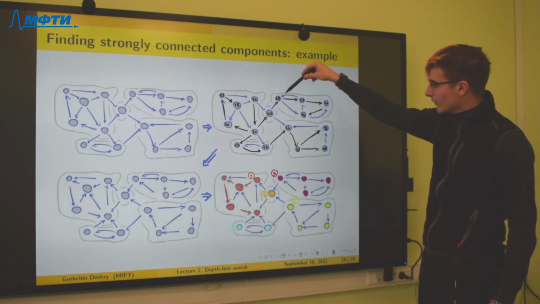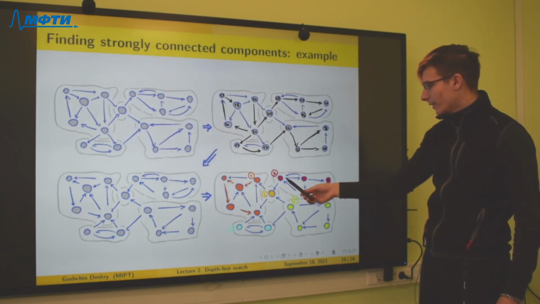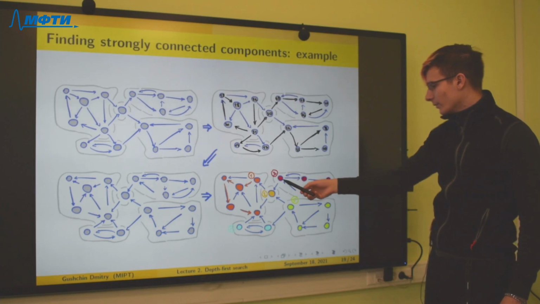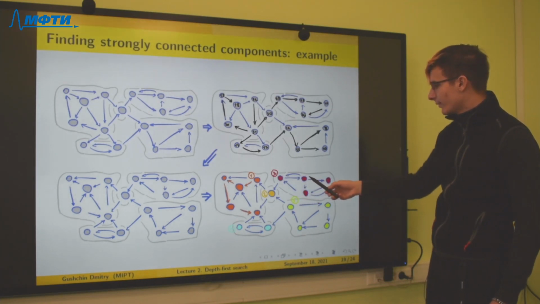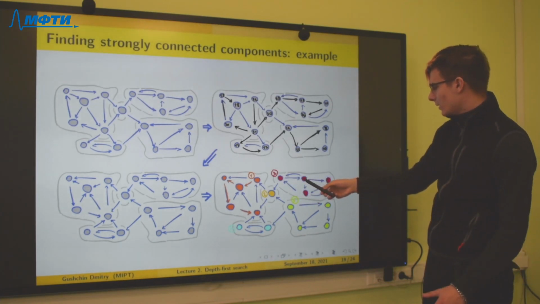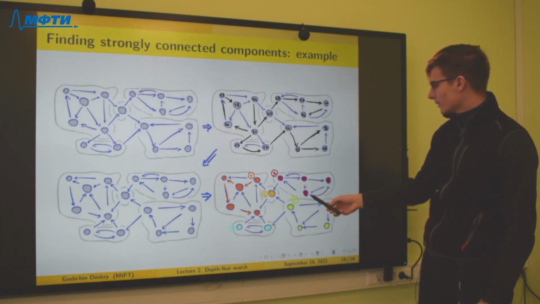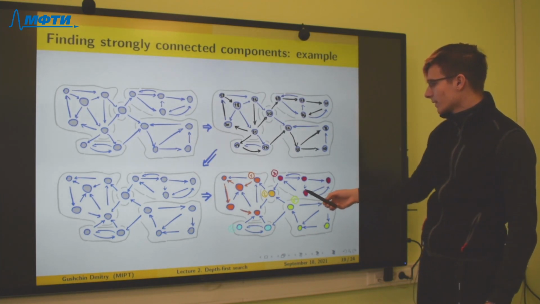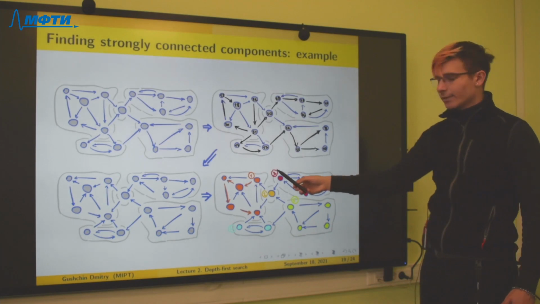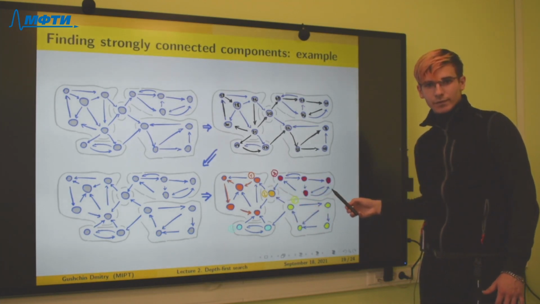And we see that there are paths from 29 to 24 or to 28, 27 and 26. So it is another strongly connected component.